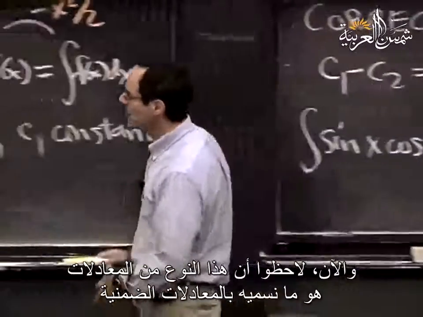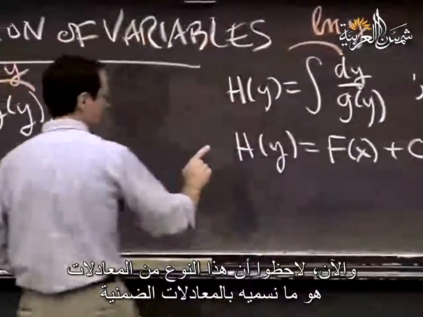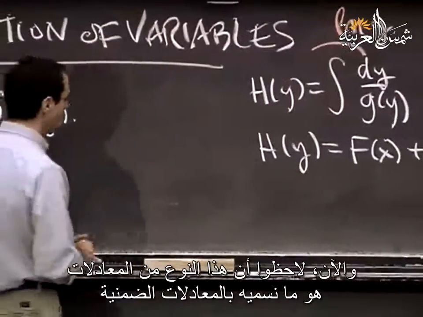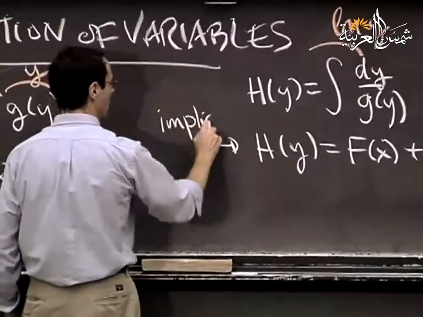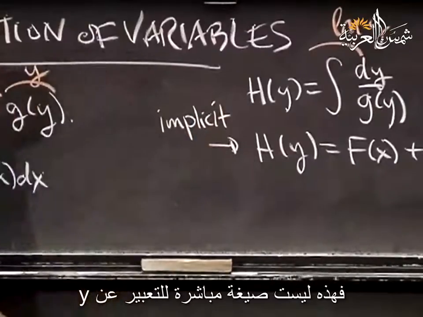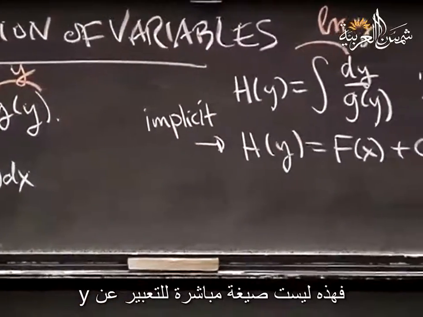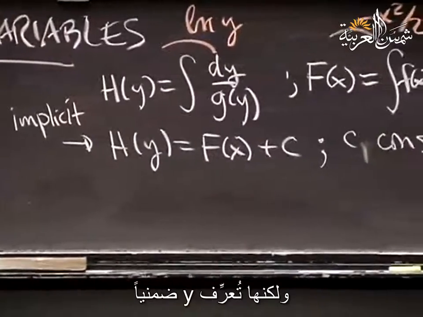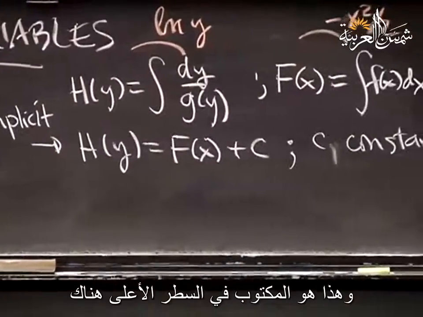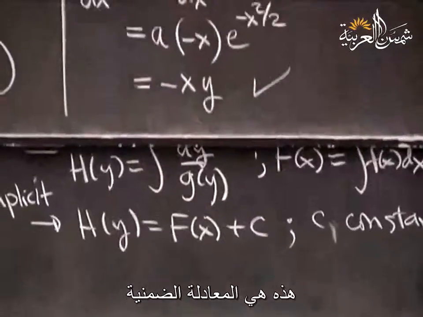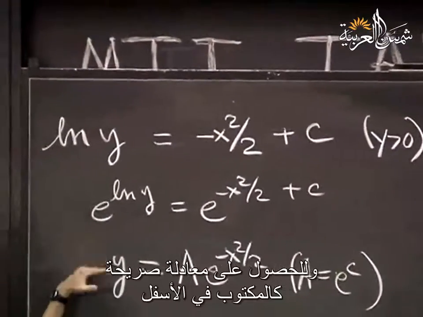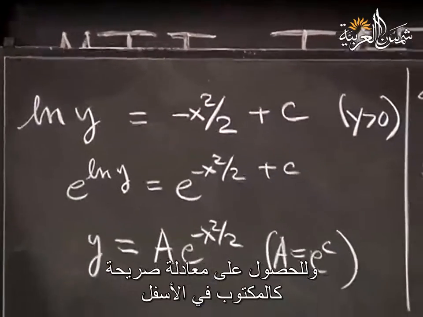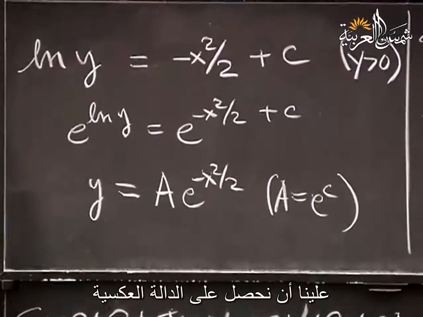Now notice that this kind of equation is what we call an implicit equation. It's not quite a formula for y directly. It defines y implicitly. That's the top line up here, right? That's the implicit equation. In order to make it an explicit equation, which is what is underneath, I have to take the inverse.